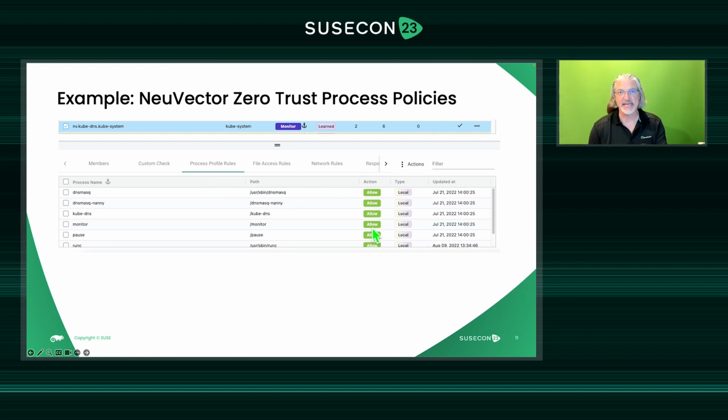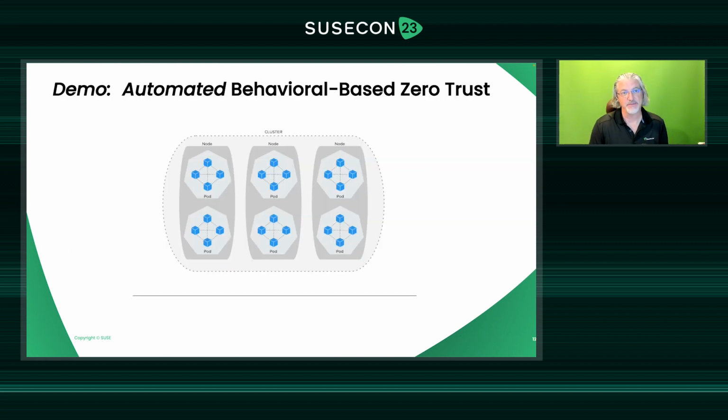Again, notice the allow rules that we have here. This takes us to the point of this whole program, a demo of zero effort zero trust to block a zero day. To do this little demo, we're going to use the NeuVector application. NeuVector you can deploy into a cluster via Helm.